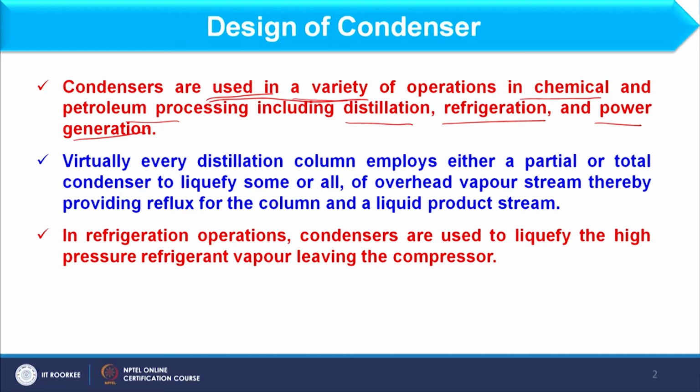As we have already discussed, the use of condensers in refrigeration operation is very important. In refrigeration, condensers are used to liquefy the high pressure refrigerant vapor leaving the compressor. If you recall the refrigeration cycle, initially we have the evaporator.